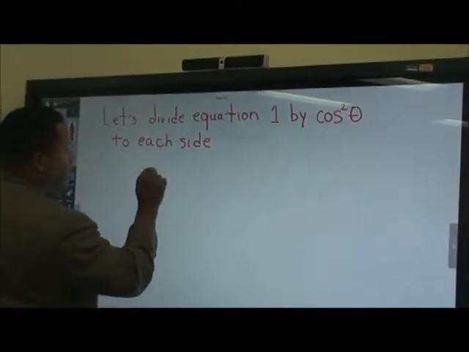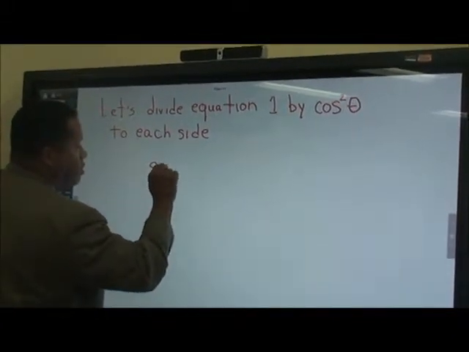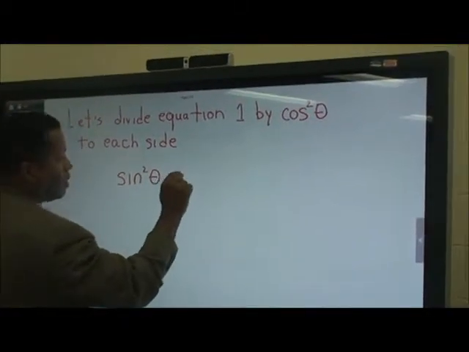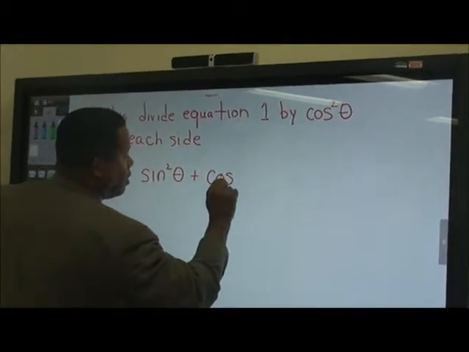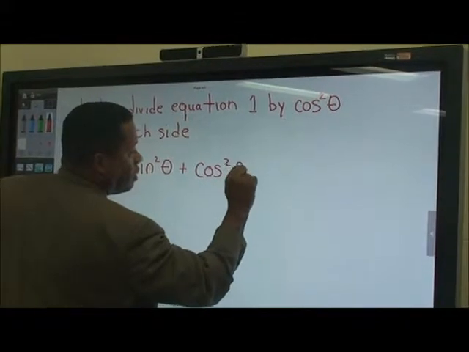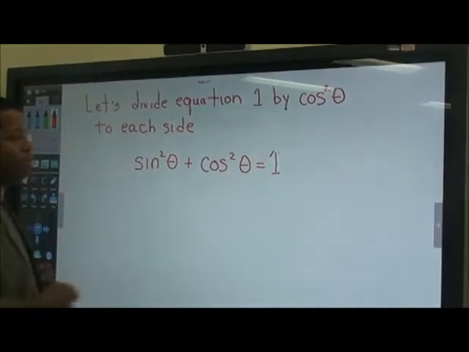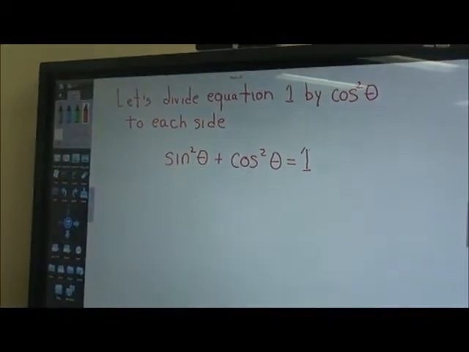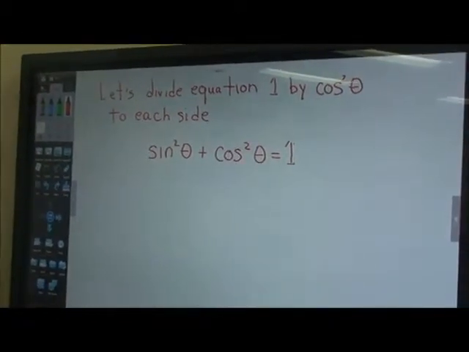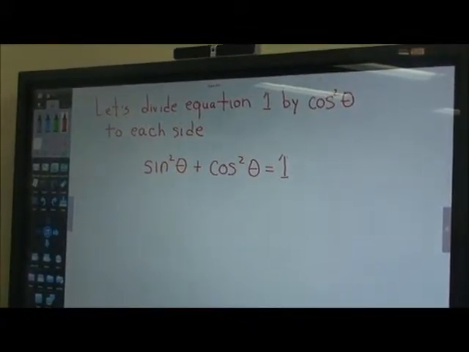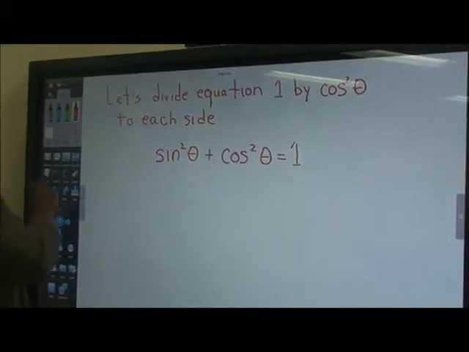Let's write this equation 1 up here first. What we want to do is divide each side by cosine squared theta.